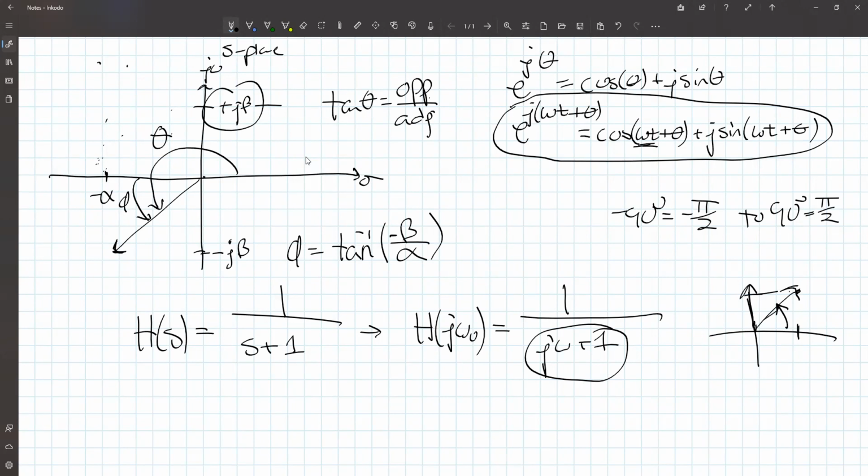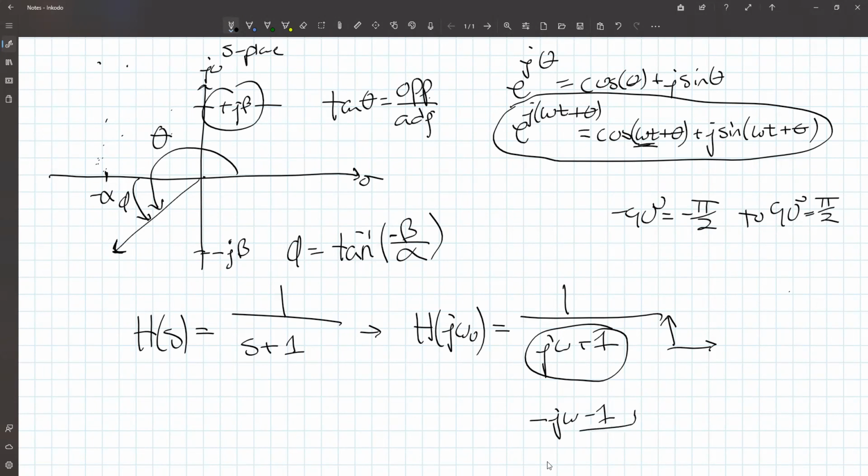I would just draw a little triangle. I go positive this way, and positive this way because omega is going to be positive, right? Then my angle is somewhere in there. Now, if I had negative j omega minus 1, I can draw a triangle.